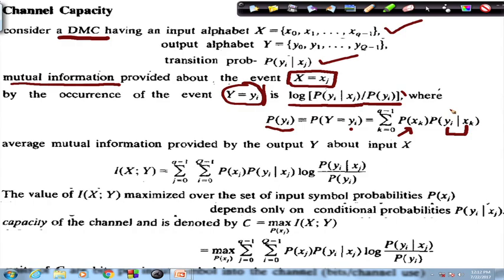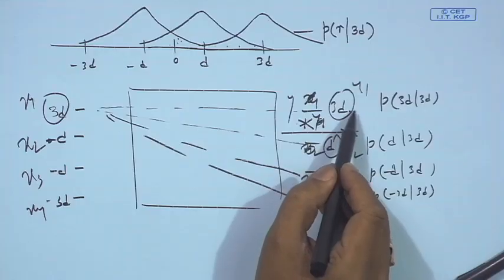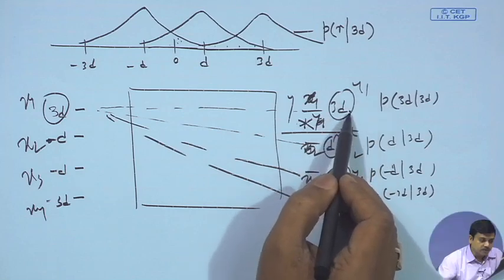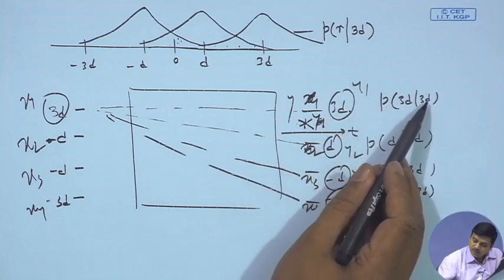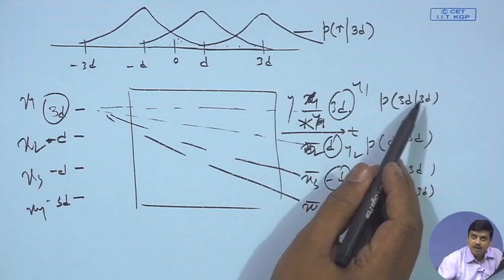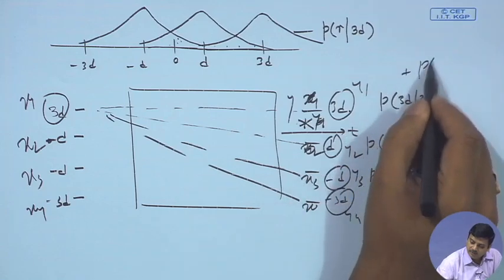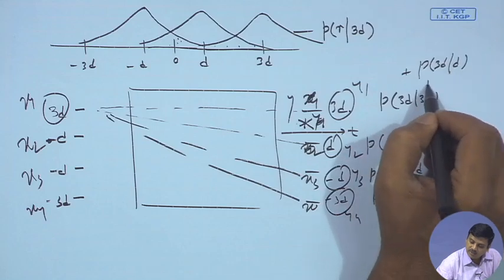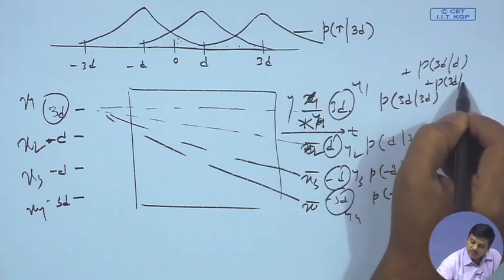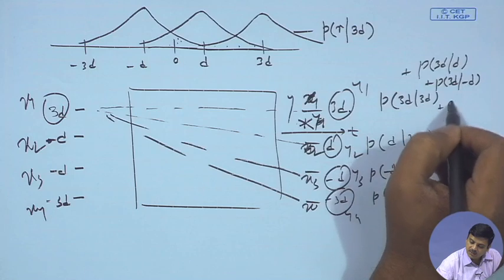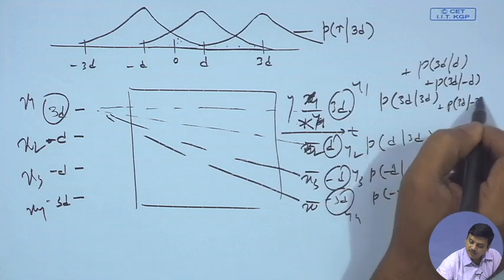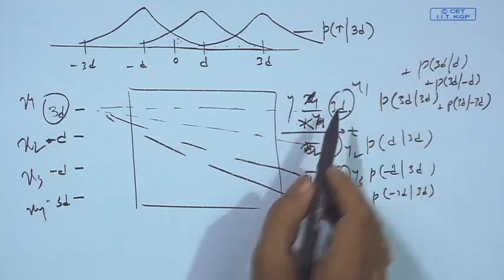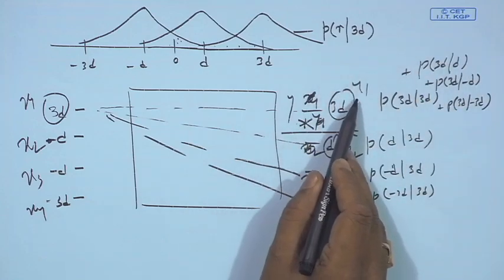That means, for this particular output, the conditional PDF that 3D has been observed given 3D is transmitted, plus the probability of 3D being observed given D has been transmitted, plus the probability of 3D observed given SD transmitted, plus the probability of 3D observed given minus 3D transmitted. So, this is the total probability of 3D being observed.